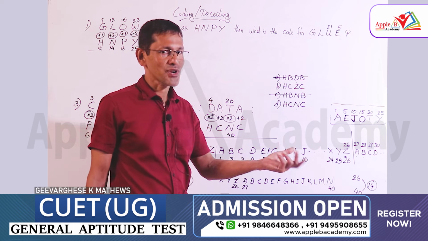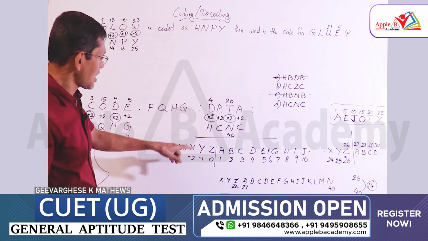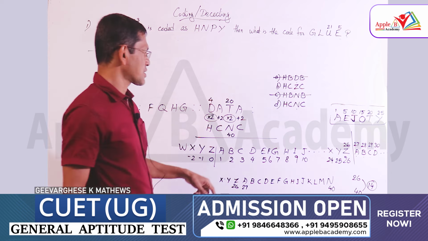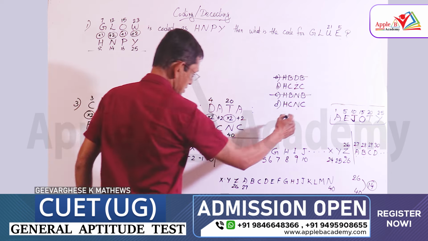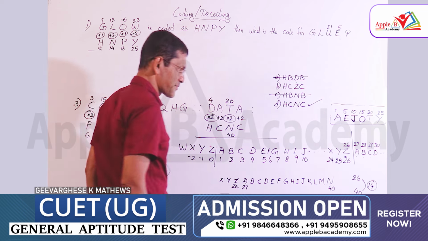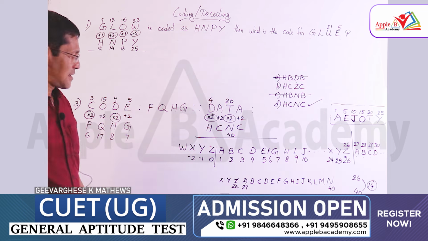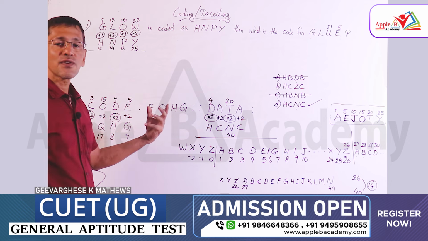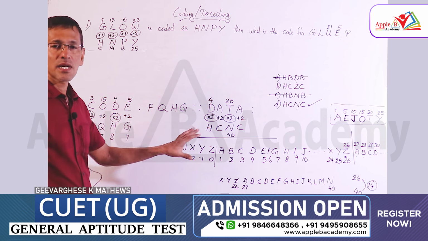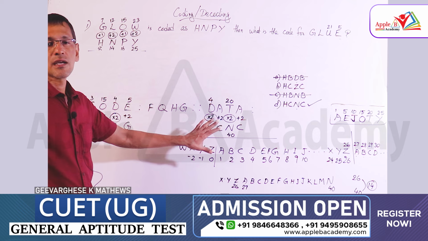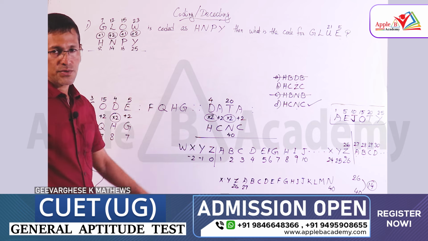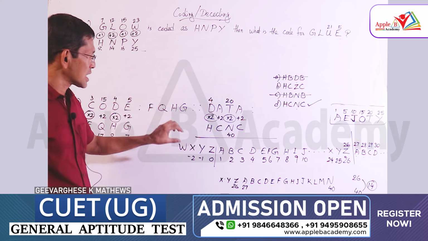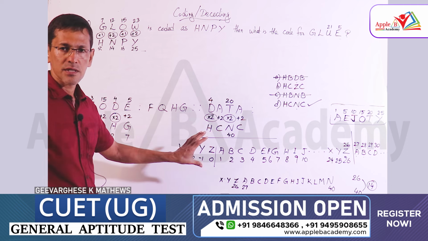So we need a different strategy for that. Anyhow, the answer for that question is HCNC. So this is the answer choice. You see, there are different ways of looking at a coding and decoding question to get the answer. And definitely we'll take a look at a few more questions.